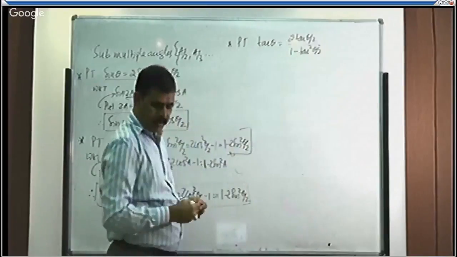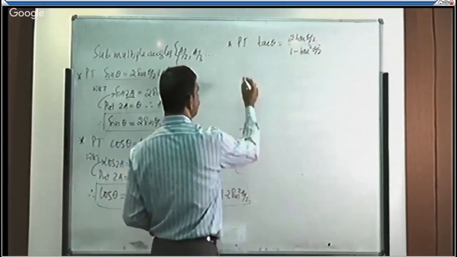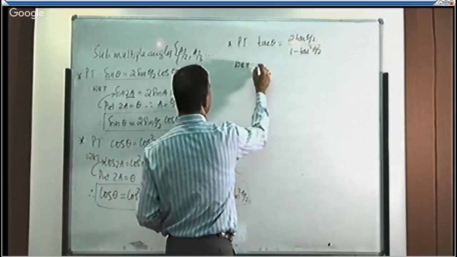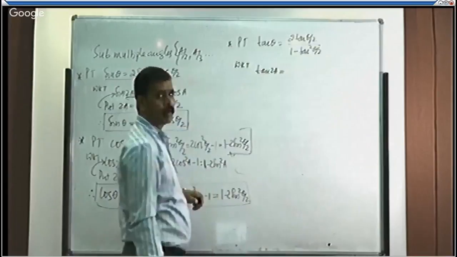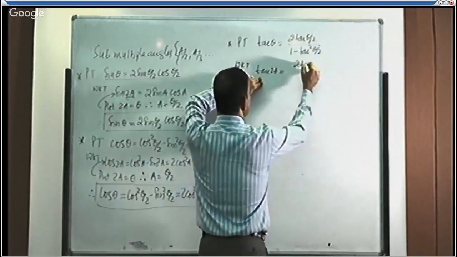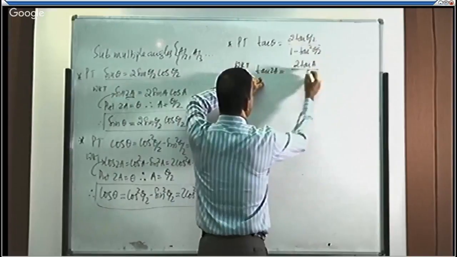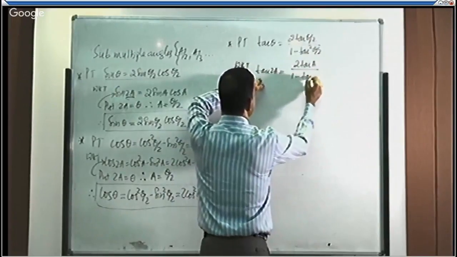To prove this relation, we should take the formula of tan 2a. Just now we have derived it: tan 2a is equal to 2 tan a by 1 minus tan square a.